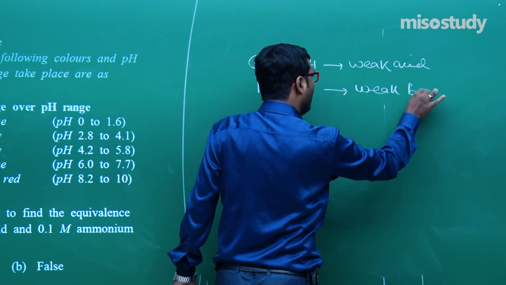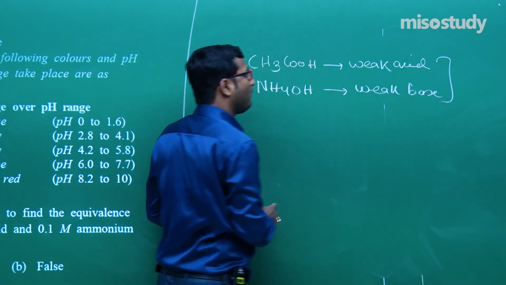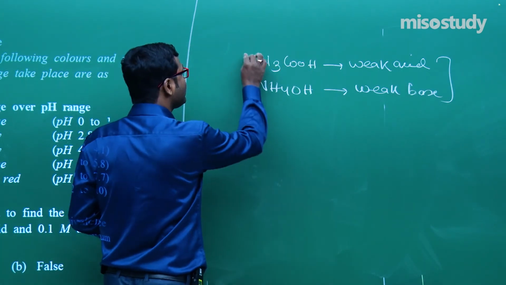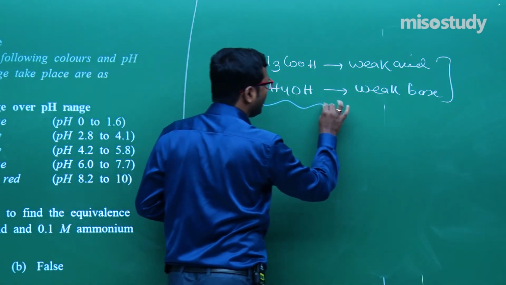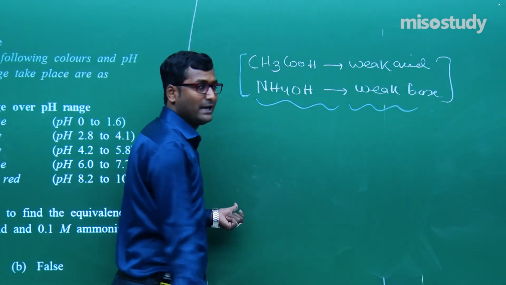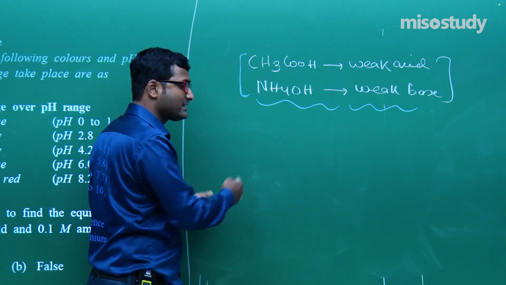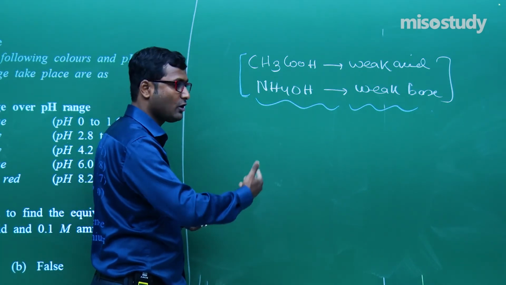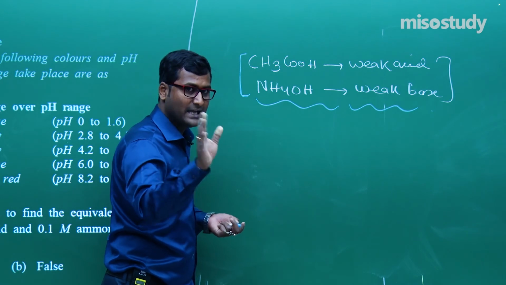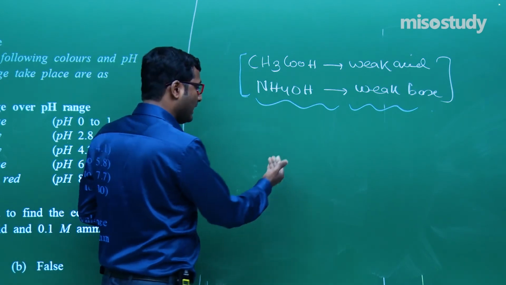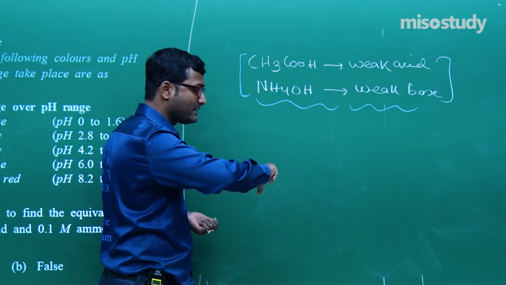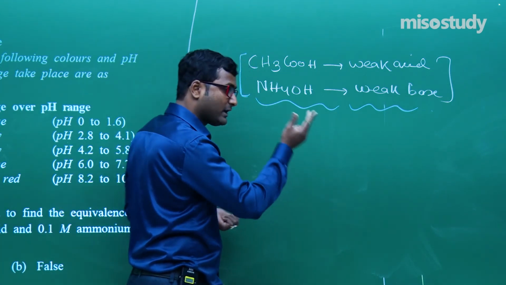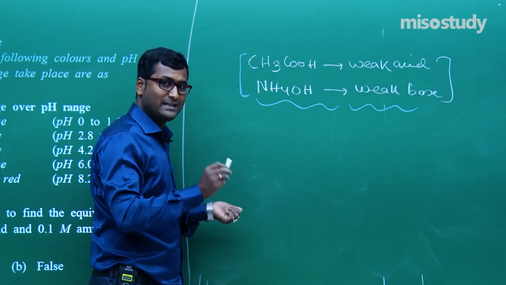As we know, for weak acid and weak base, there is no such indicator which gives the exact value. For the salt from a strong acid and weak base, clear, we can use an indicator; for a weak base and strong acid, a strong base and weak acid, and for a strong acid and strong base there is an indicator.